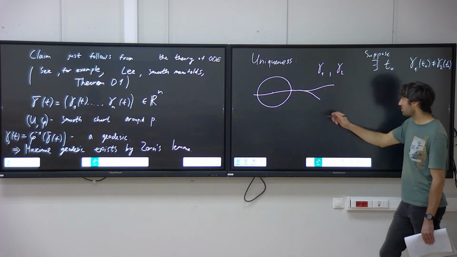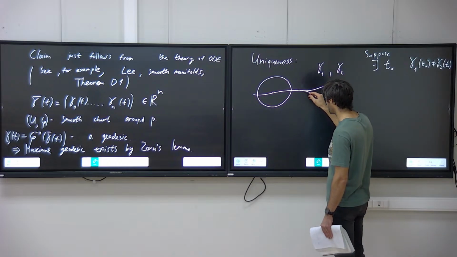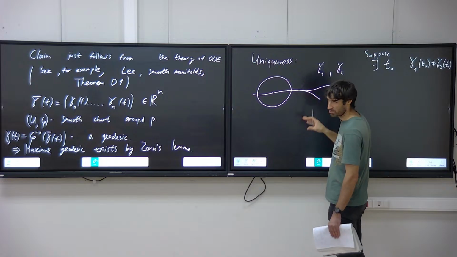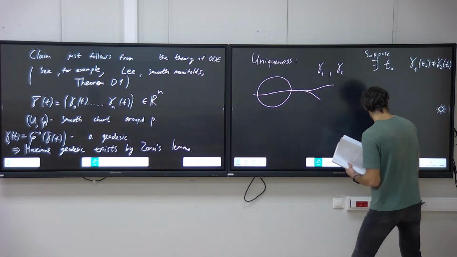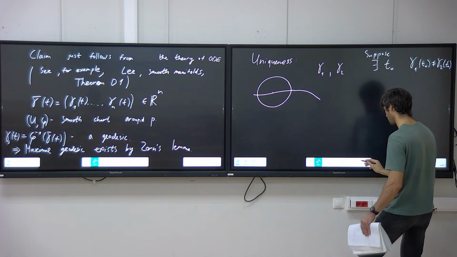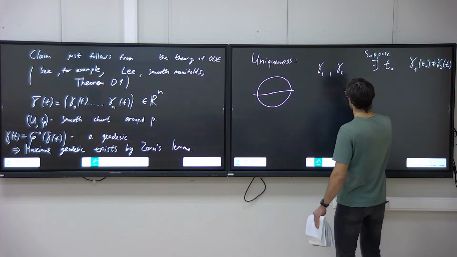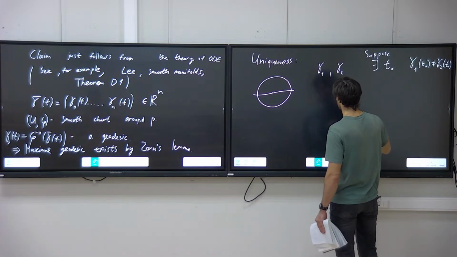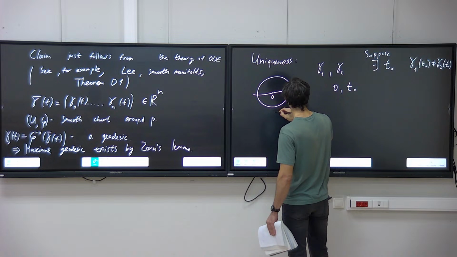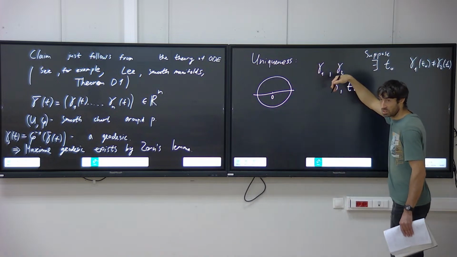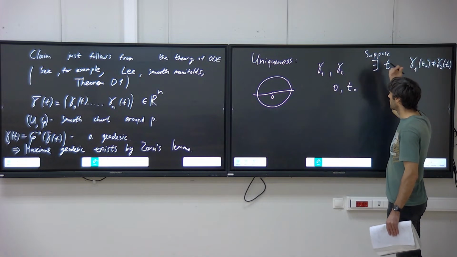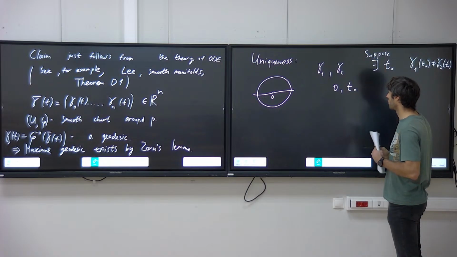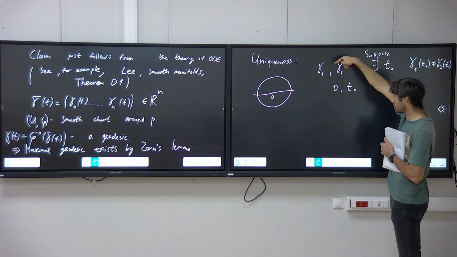But the thing is that when you have something like this, in a branching point you still can have some neighborhood. Well, let me not draw this. The thing is that you have 0 to T0, right? So 0 corresponds to this initial point. And then I have initial conditions for gamma.